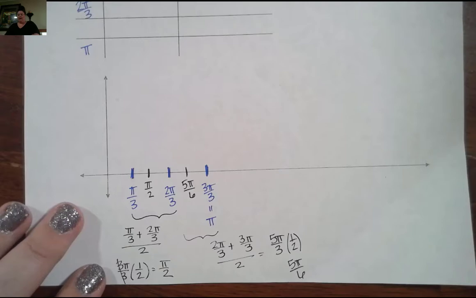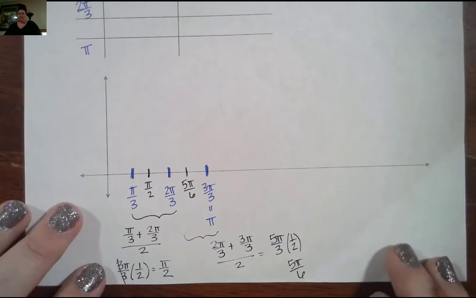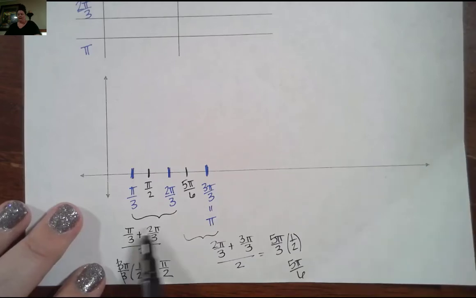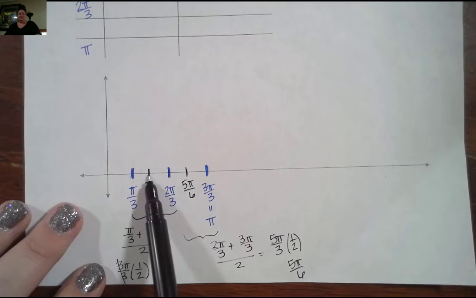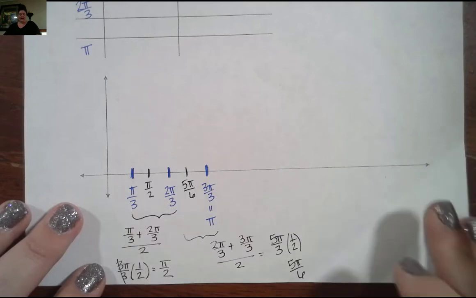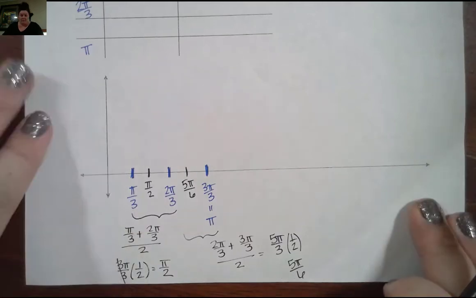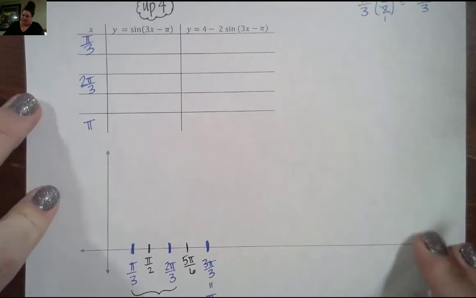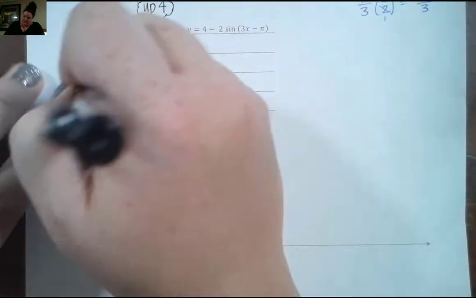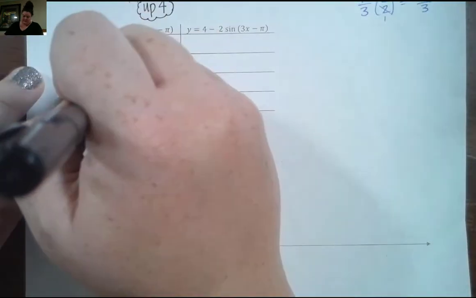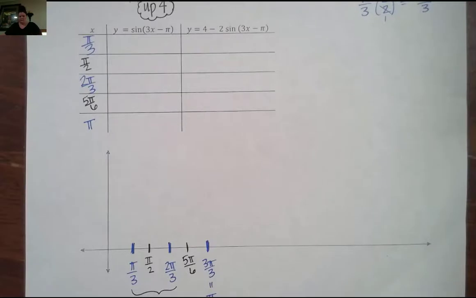Okay, now if I did this really quick, you can always pause the video and go through that a little bit slower. But all I'm doing is averaging the two values to find the center points. All right, so now that I have 5 points, I can go ahead and put my other 2 points up here, which is pi over 2 and 5 pi over 6.